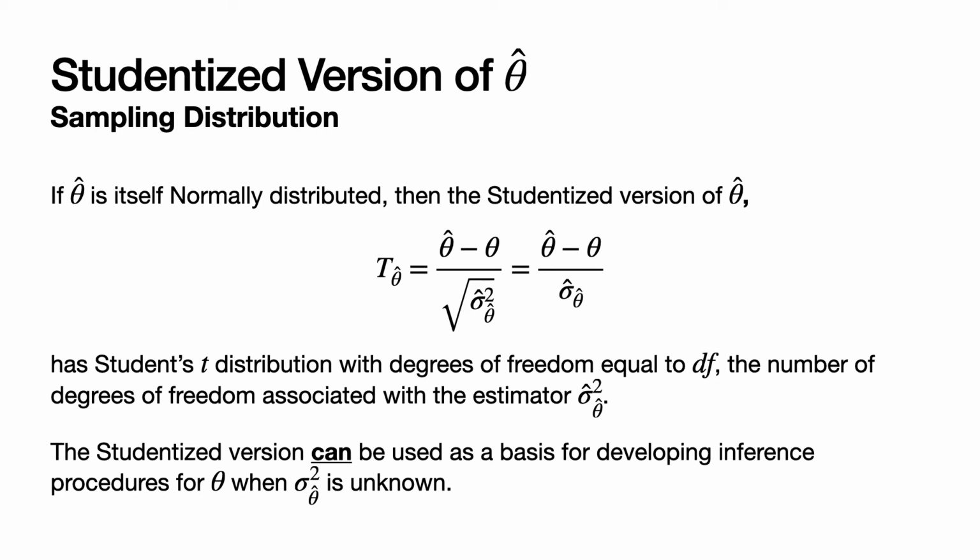Well, if theta hat is itself normally distributed, then the studentized version of theta hat has Student's t-distribution with degrees of freedom equal to df, which is the number of degrees of freedom associated with the estimator sigma hat squared sub theta hat. The studentized version can be used as a basis for developing inference procedures for theta when sigma squared sub theta hat, the variance of the sampling distribution of theta hat, is unknown.